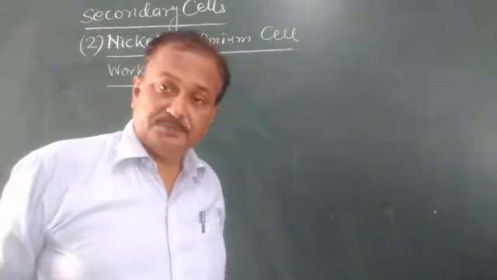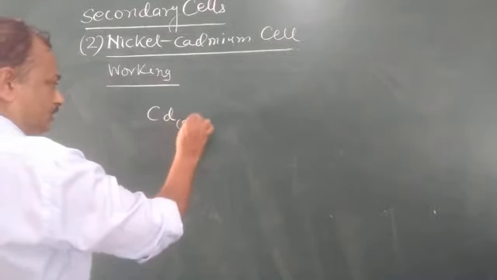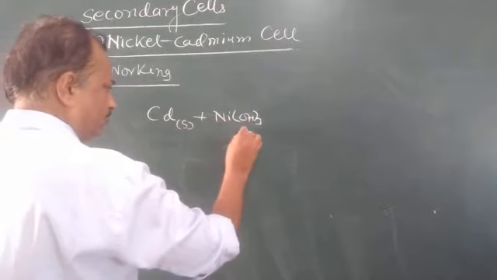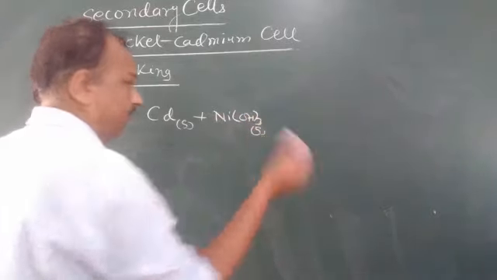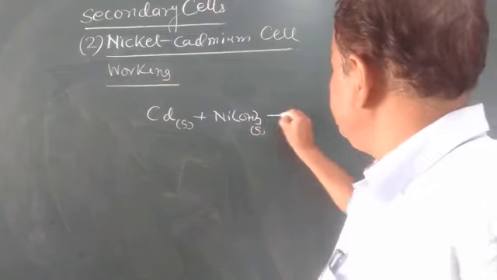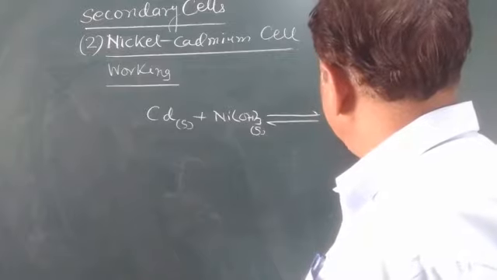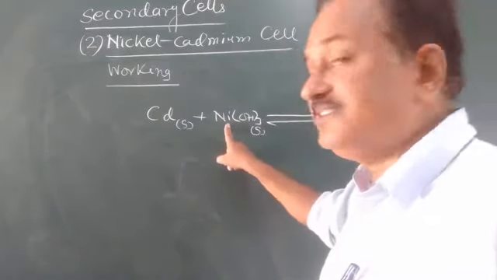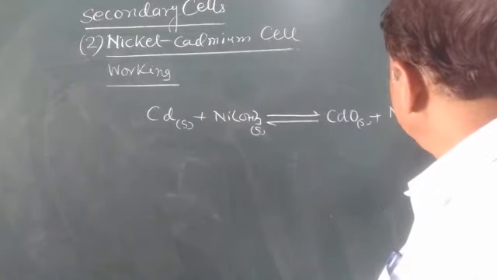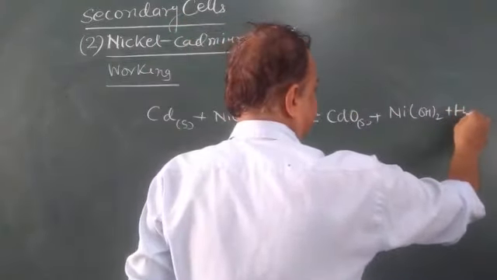Now coming to the working of this, there is solid cadmium, and of course we have nickel in the +3 oxidation state. It is also basically solid, you can say in the form of gel. There is a chemical change, and on chemical change the cadmium is converted to solid cadmium oxide, and nickel here is in the +3 state, so nickel will be converted to +2, and there is formation of one water molecule.